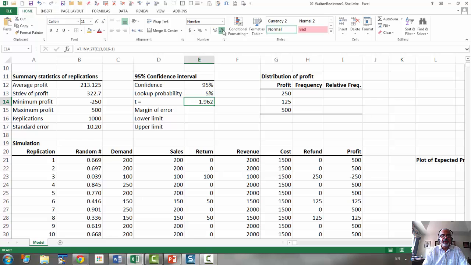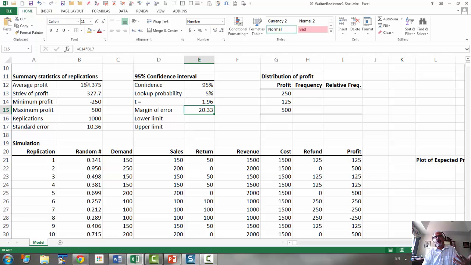Now we multiply the t table value by the standard error, and that gives us the sampling error or margin of error. Margin of error and sampling error are the same thing.